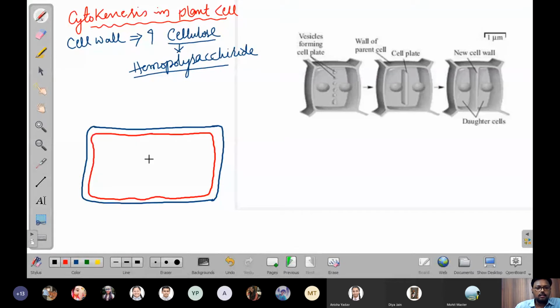This is a cell wall, and this is the plasma membrane. And inside the cell, what we have? A nucleus. So two nuclei are already there.